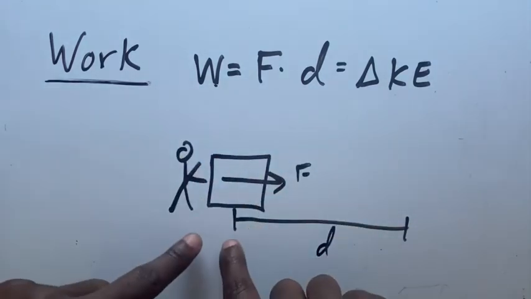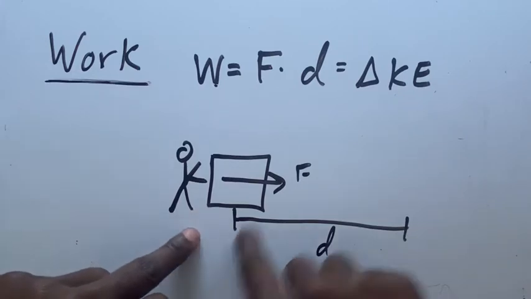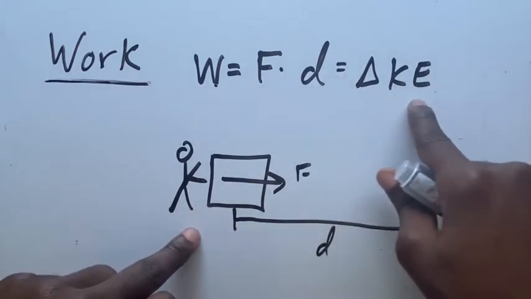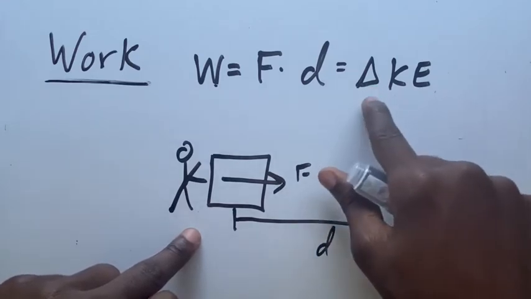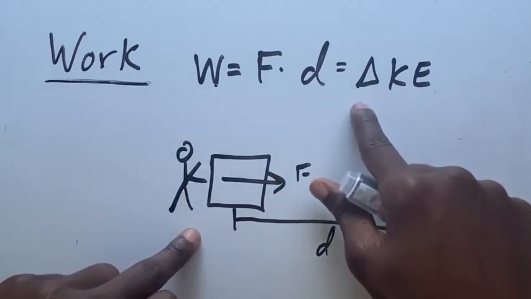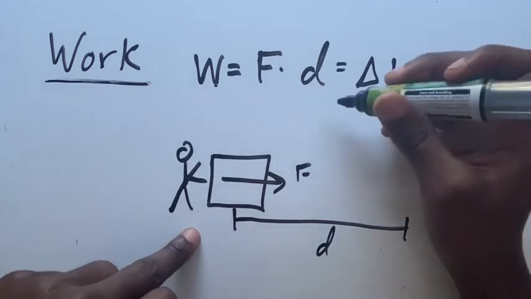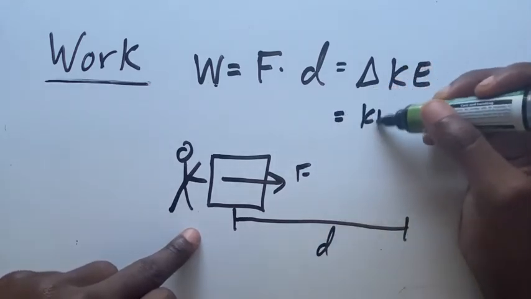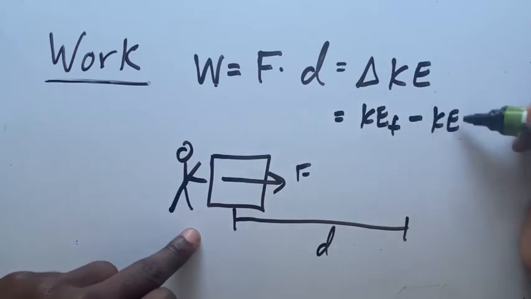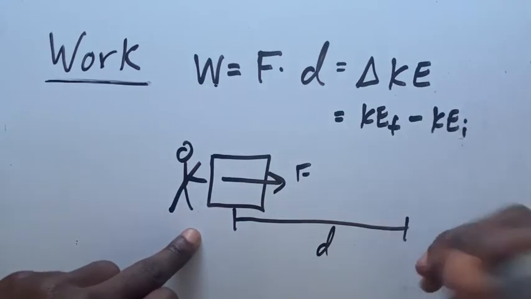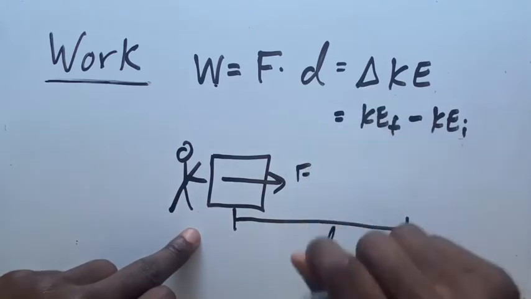Well, we can also find the work by using a change in kinetic energy. Change in kinetic energy basically means the final kinetic energy minus the initial kinetic energy. That's what that triangle means, right? The change in.